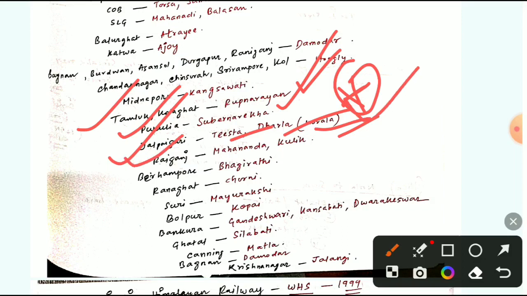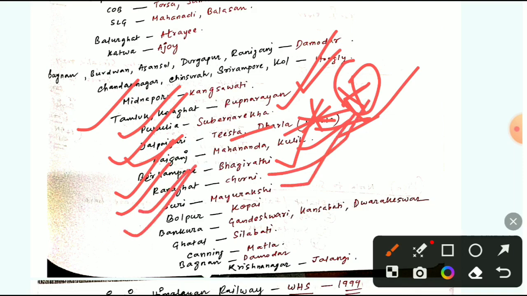Next is Raiganj. Mahananda and Kulik River flow through Raiganj. Behrampur, it is Bhagirathi which flows through. Bhagirathi is a branch of Ganga. This you must also know. Ranaghat, Churni River flows. Suri, Mayurakshi River flows. In Bolpur, it is Kopai River, very, very important.